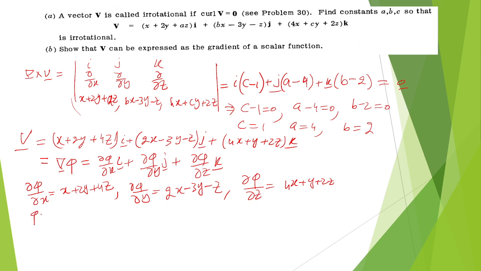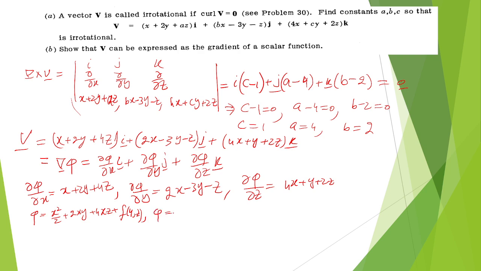So phi is equal to x square by 2 plus 2xy plus 4xz and some function of y and z. Now integrate the second with respect to y.